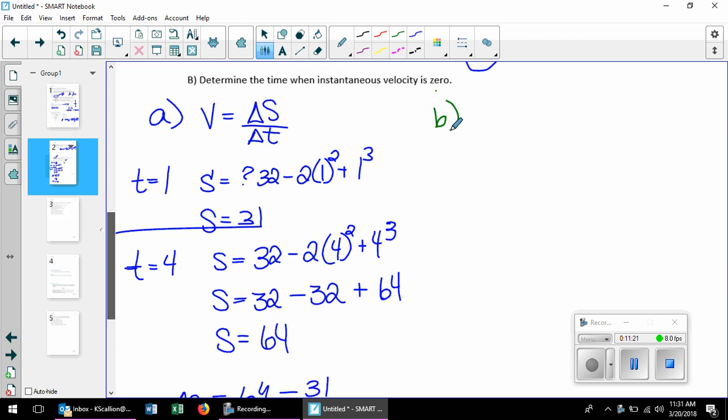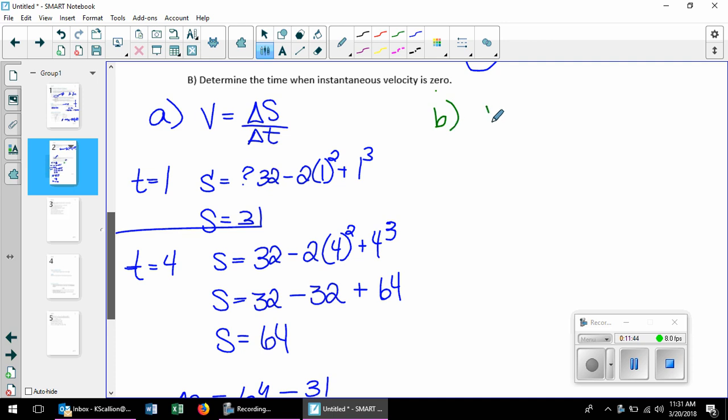Okay, what's the deal with instantaneous velocity? What am I doing there? Do you want to do the long way or the short way? What would be the short way?